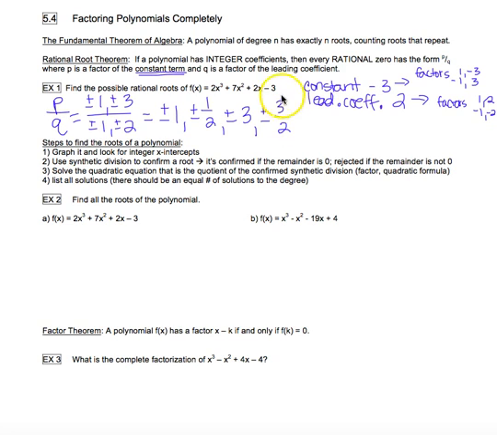Now again, these are just the possible rational roots. It does not mean that all of those are actually roots. Because this is degree 3, the most roots that it can possibly have is 3, and we have 8 possibilities listed here.